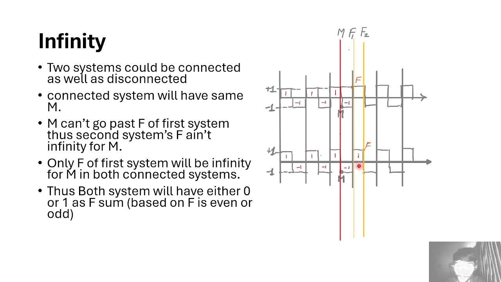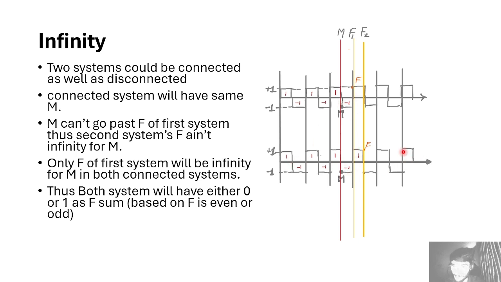And the important thing to note is that the M marker will be the same for both systems. And since the M marker cannot pass the F marker in the first wave, it can never pass the F marker in the second wave as well, right? And since it can't pass the F marker in the first wave, the F sum will be the same in both cases, right?